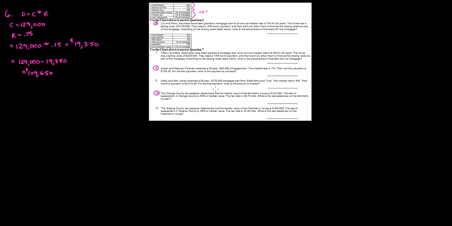So what I will do for number 6 is the 3% of the mortgage, or the amount that's being mortgaged or borrowed. So it's 3% times 109,650, and that's going to give me $3,289.50.